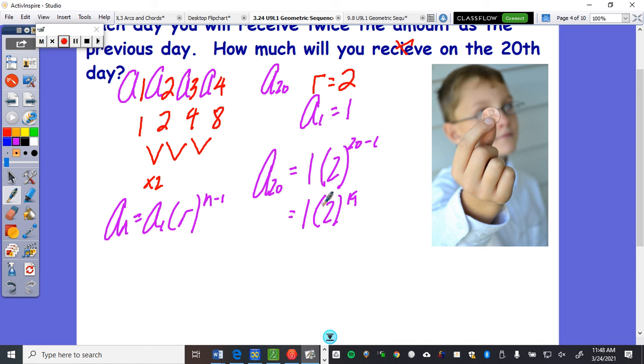Now remember, in this case you could, but in most cases you can't: you have to do the exponent first and then multiply by this number.